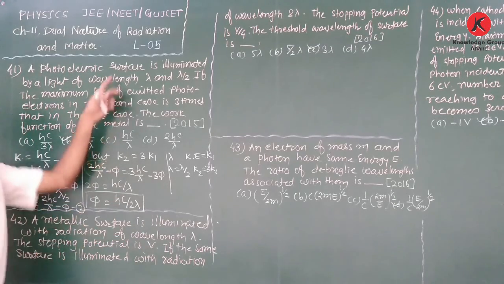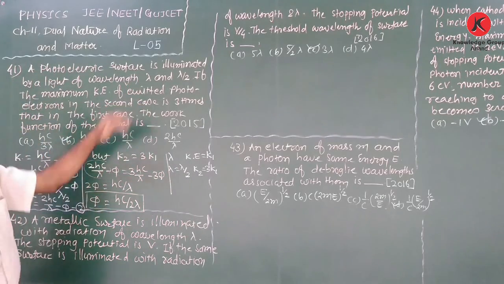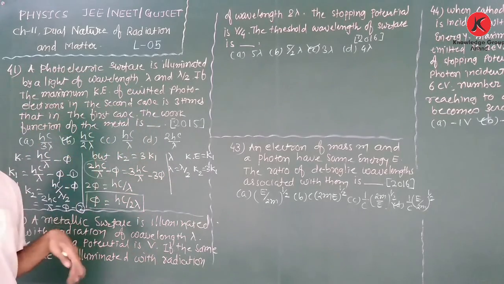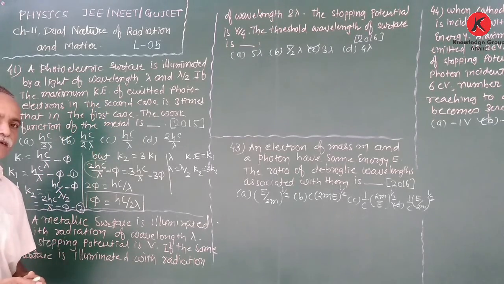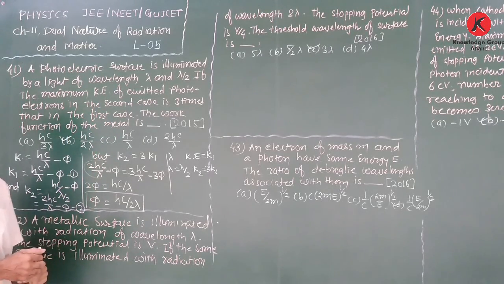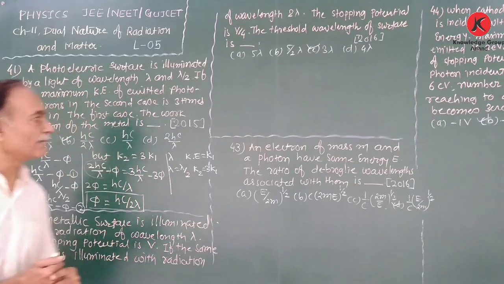Again, when the wavelength of incident radiation is lambda, the maximum kinetic energy of emitted photoelectrons is K1. Now we decrease the wavelength of incident radiation to lambda by 2.